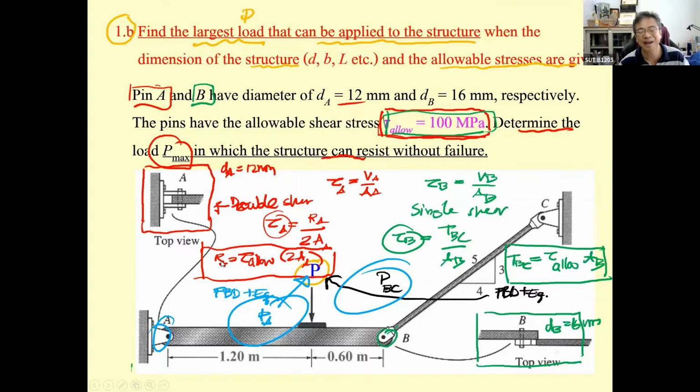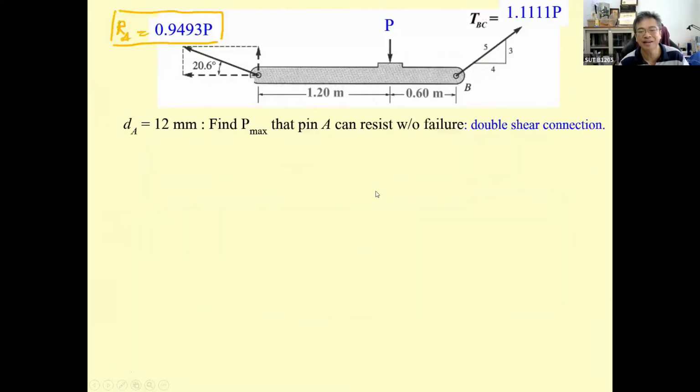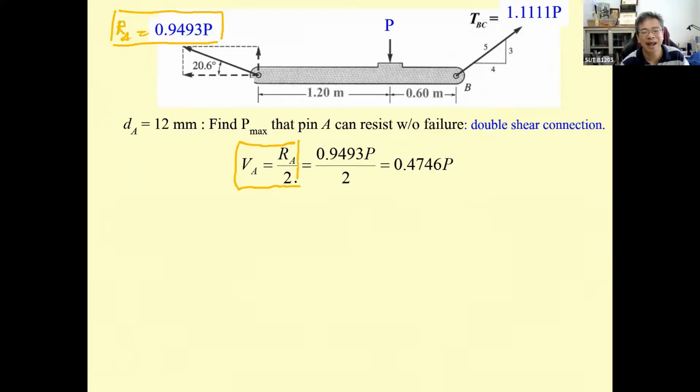The R sub A is going to be equal to the tau allowable, 100 megapascal, times 2 of A sub A, since this one is double shear. So the force V sub A is going to be R sub A divided by 2. You just put R sub A divided by 2 into this equation, and then you will get this one for 0.4746P. Half of R sub A is going to be the shear.